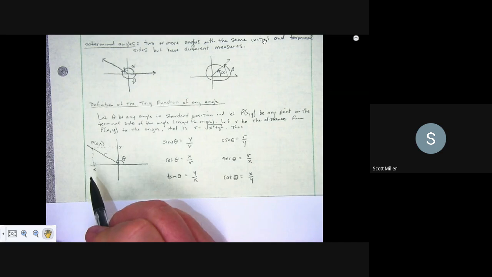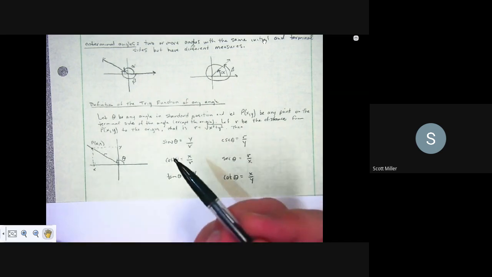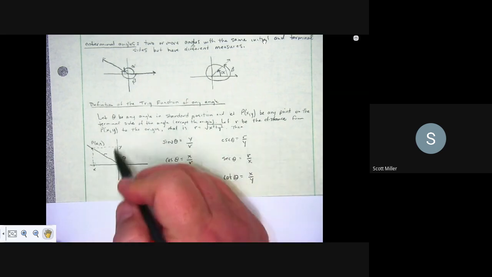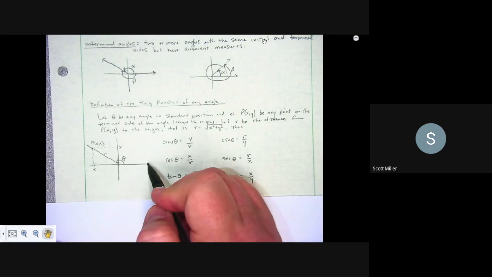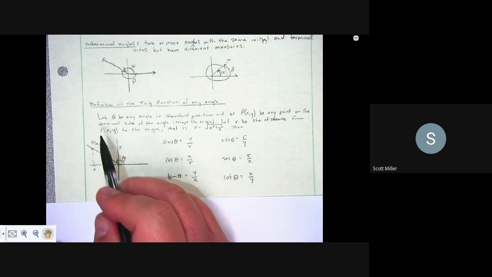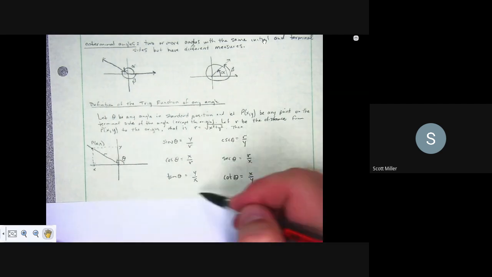The thing to watch out for, though, is the x distance. It's a value of this point, so there can be negative values. When we had right triangle trigonometry, everything was over here in quadrant 1, so everything was positive. But now I'm going to start bringing in negative values, so you have to keep that in mind when you write your ratios.